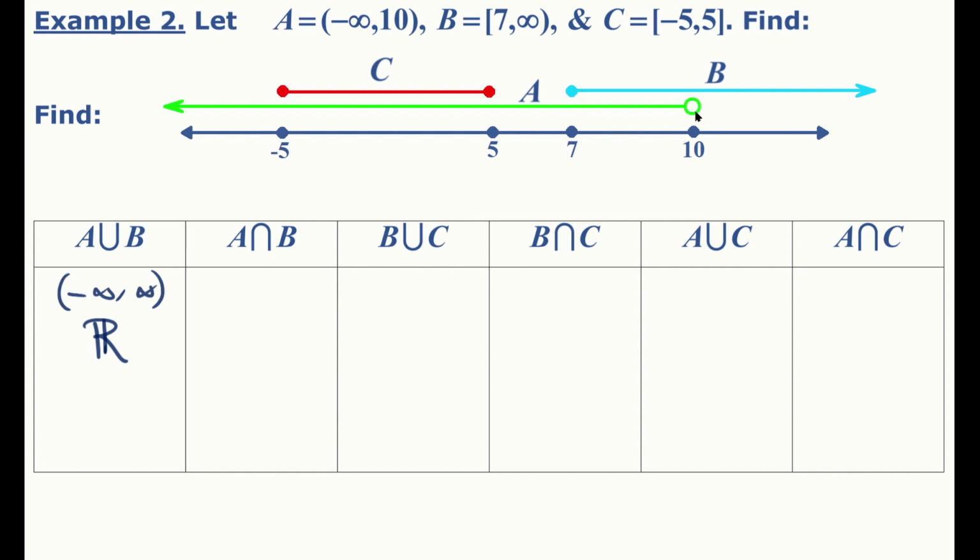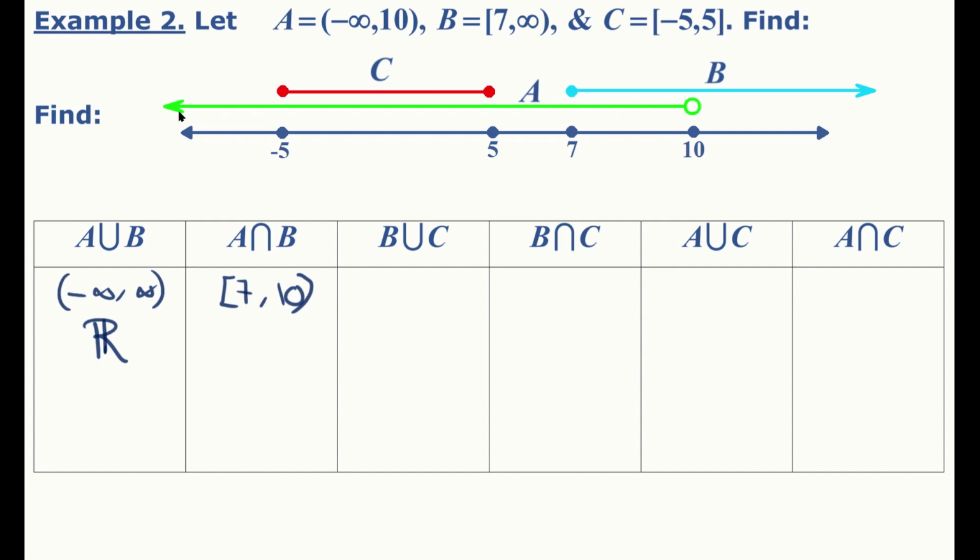The 10, however, is a member of the aqua team, but not of the green team, so it's not in the intersection, so you have to be very careful with that. All right, so this intersection is going to be all the points from 7 to 10. Notice bracket at 7, parentheses at 10, because 10 is not included.